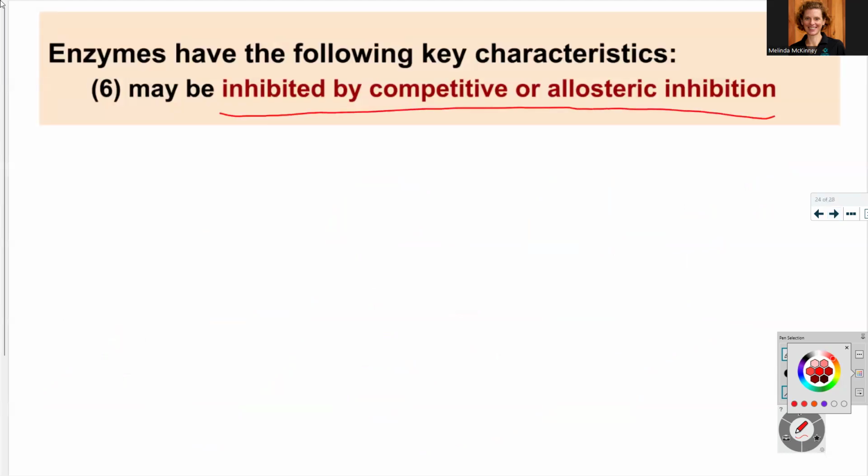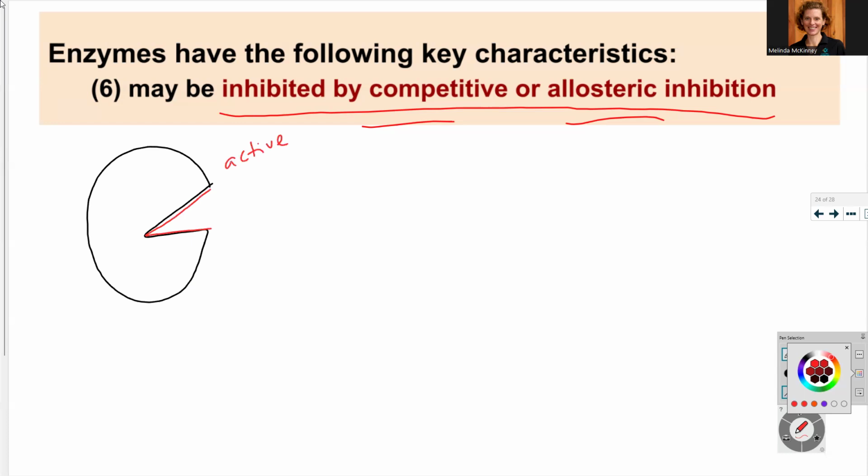They can be inhibited by competitive or allosteric inhibition. So here is your Pac-Man. This is the enzyme again. And remember that this area here, the mouth, if you will, is the active site. That's where the substrate or the reactant binds.